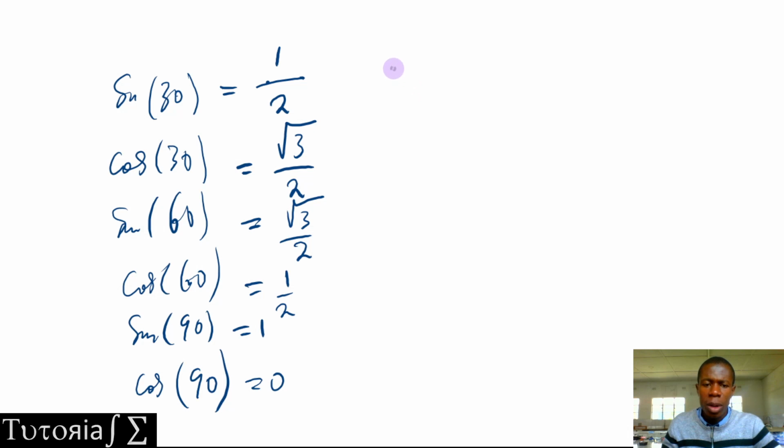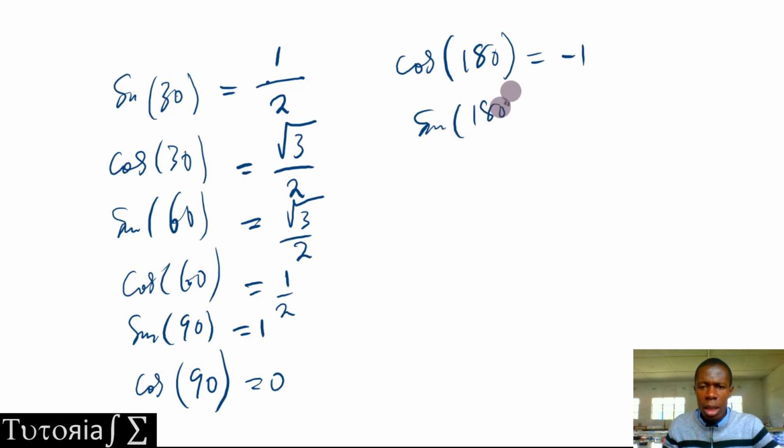And cos of 180, we can determine this one, that is negative 1. Sine of 180 is equal to 0. Cos of 0 is 1.